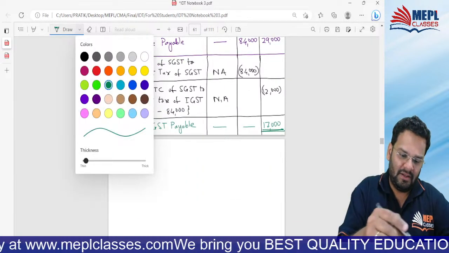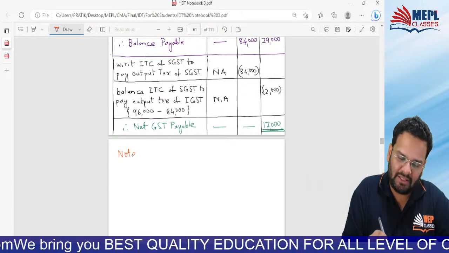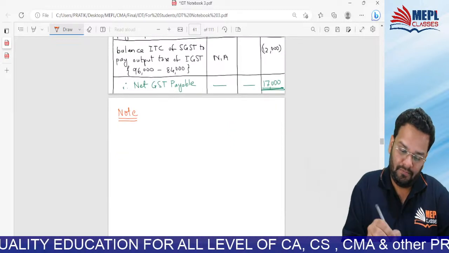So write that note. Will not write, of course, from the next sum, but in exam it's mandatory to put up this note.